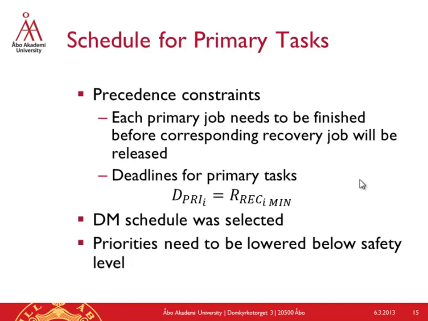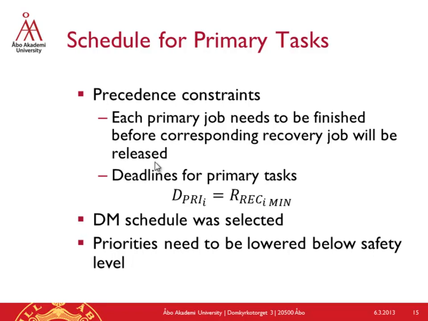So we have this precedence constraint, and we propose to assign deadlines for these primary tasks equal to the corresponding release time, or activation time, of the corresponding recovery versions of the recovery task. So this defines that these primary versions should be finished before the corresponding recovery task is first activated.